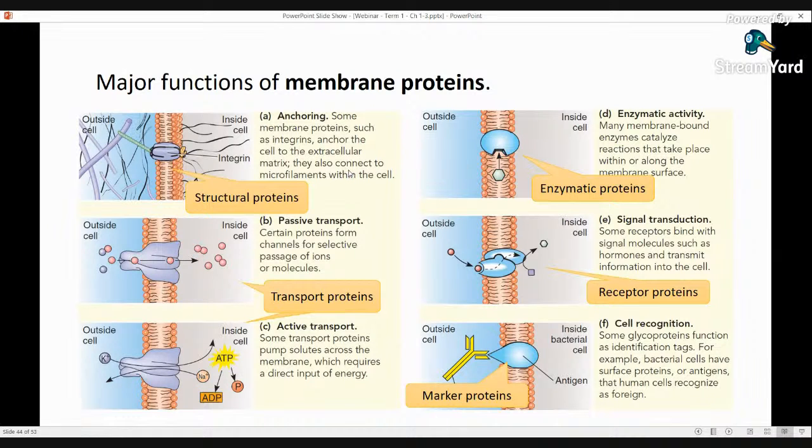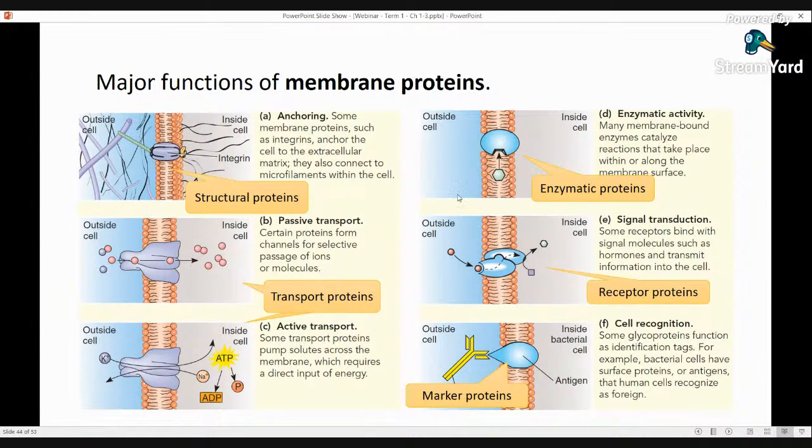First, the protein can act as structural proteins by anchoring the cell with the extracellular matrix, or they can anchor or connect with other cells. Then another one is the transport proteins, as in facilitated diffusion in passive transport and also active transport.